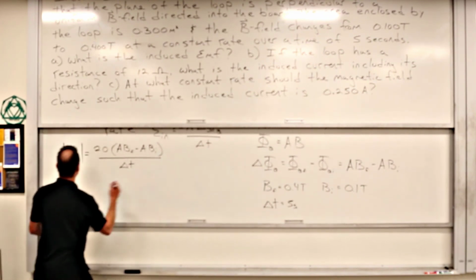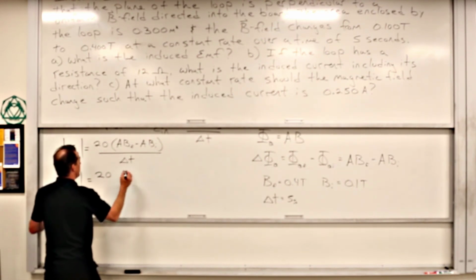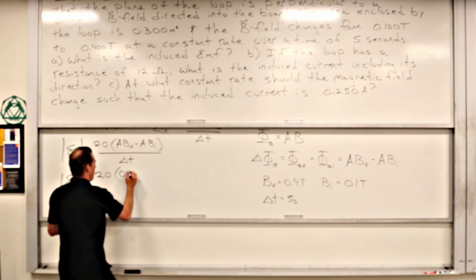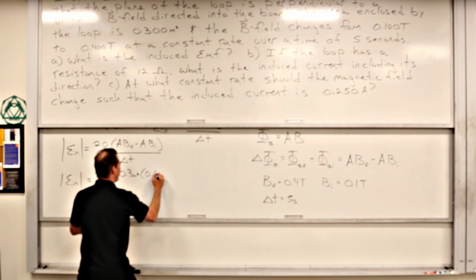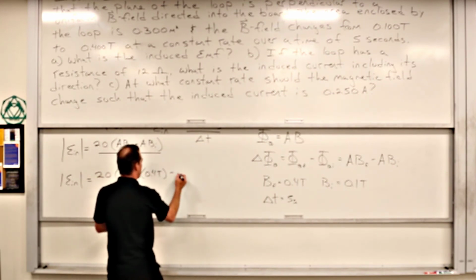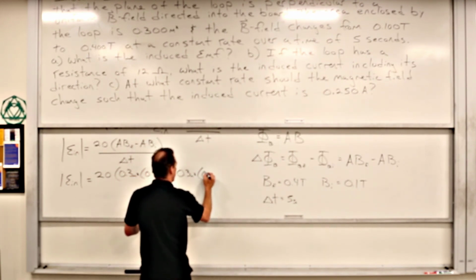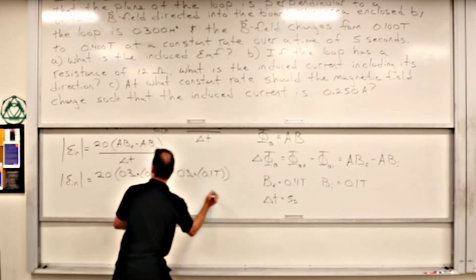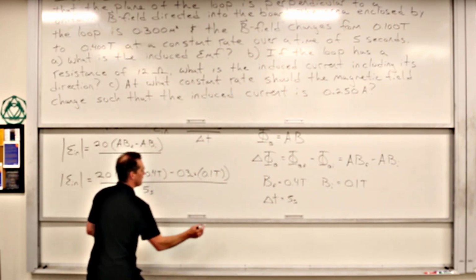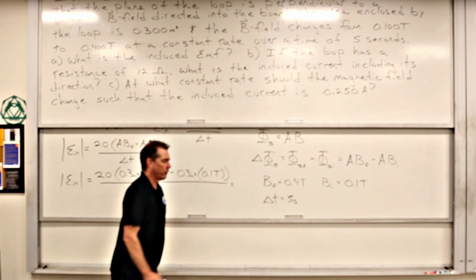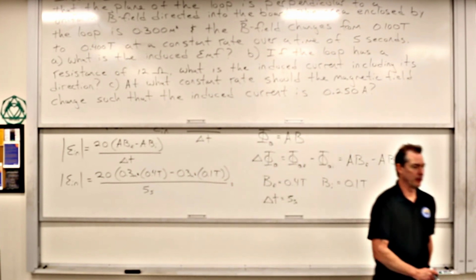And then we can stick in some values here, giving us the induced EMF is 20 multiplied by 0.3 meters squared times 0.4 Tesla minus 0.3 meters squared times 0.1 Tesla, divided by 5 seconds. So after all of this, I need my calculator. Let me get it really quick.